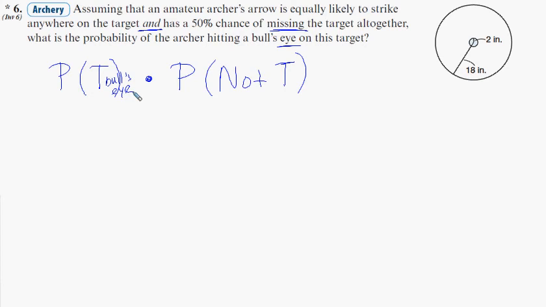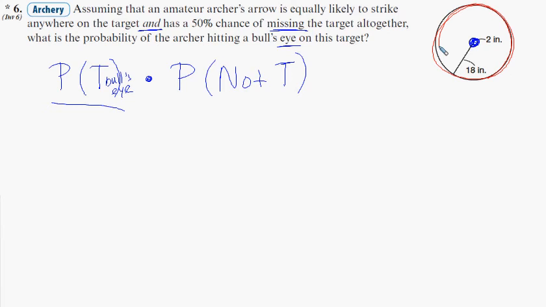So in our case, the favorable for this first probability right here, this first section right here, is our favorable section, and then this section right here is our total section, okay?